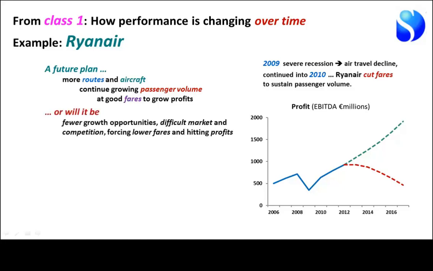Our red line is a less favourable future. Maybe there'll be fewer growth opportunities, maybe market conditions will be difficult, maybe competitors will bounce back, maybe we'll have to cut fares again, maybe profits will be hit. So you can have a very rich discussion in any strategy class. You can have a very rich discussion with your colleagues about your business.